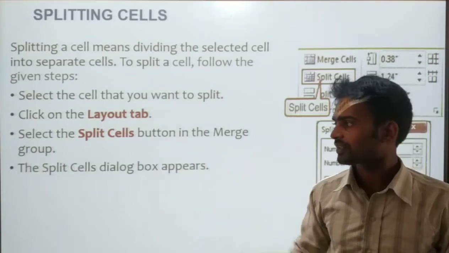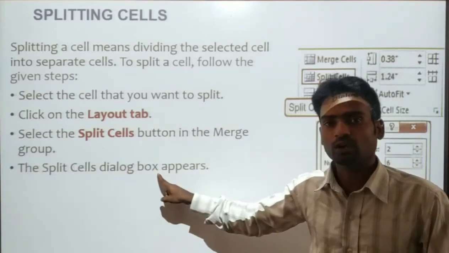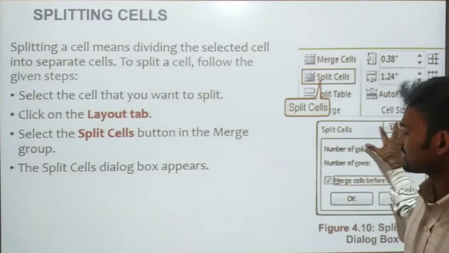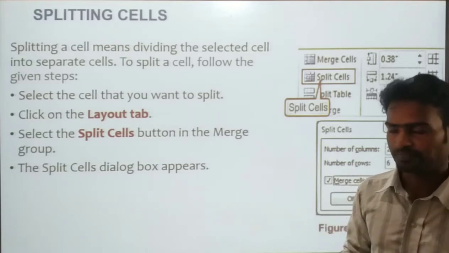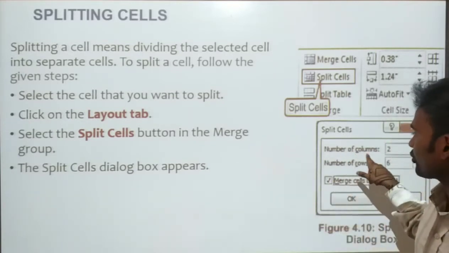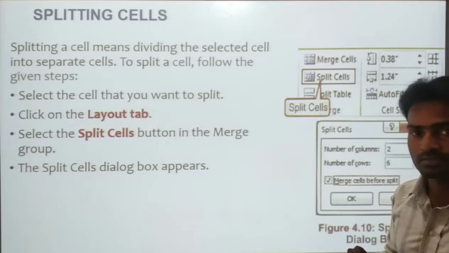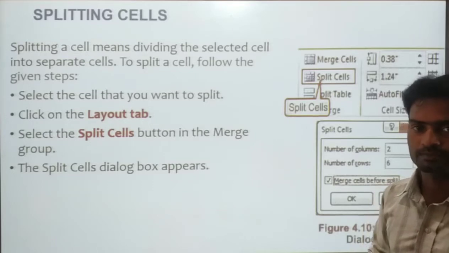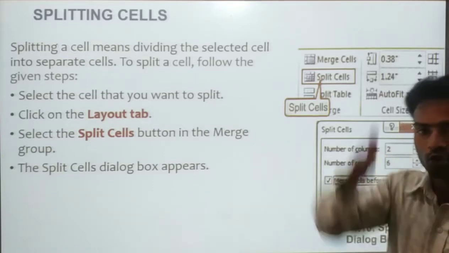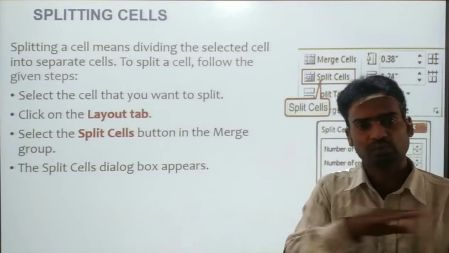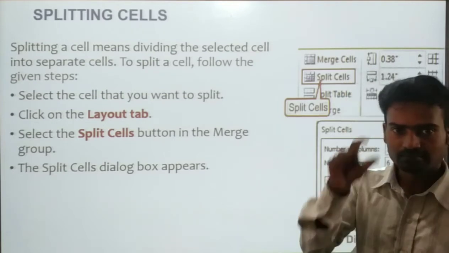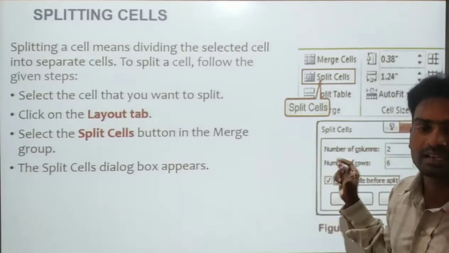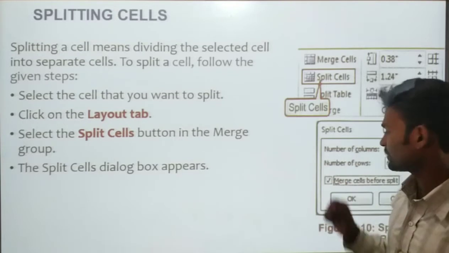When we select that, the Split Cells dialog box will appear like this. In that dialog box, the number of columns and the number of rows fields will be visible. We can select how many columns and how many rows we need.